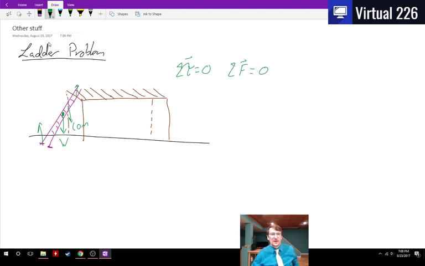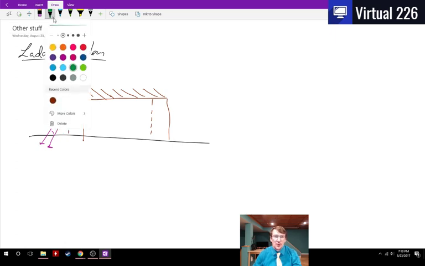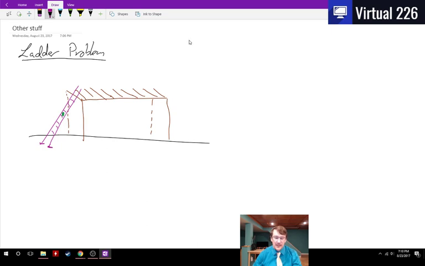Well, my thought was this. What if I had the ladder problem, okay? But this time, instead of just having a person standing on it, what if you had this ladder and it just kept being extended, all the way out, as far as you could go, to infinity, okay?